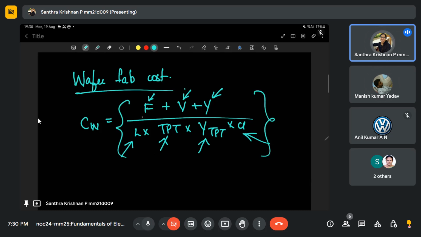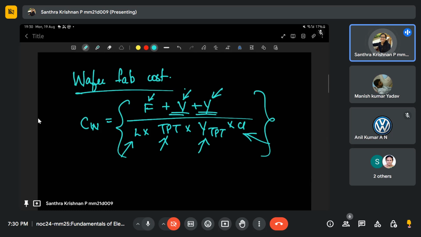Basically it has fixed cost, then material, labor and process cost when the tool is running, then the cost of wafers scrapped because of defects, then the lifetime of the tool, then wafer throughput, then the yield factor that we have an equation for, then the tool utilization factor. So these are the different things.